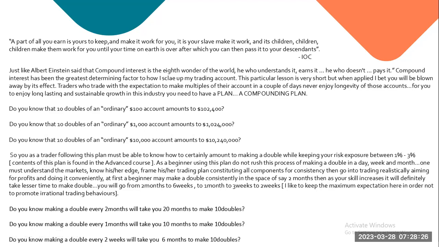Then you increase your ability by learning more about the market, by understanding yourself better, by getting more discipline, obeying the rules better, and also look to increase how well you make your daily profits, your weekly profits, compounding that account to give you your long-term expectation of 2 times or a double, while still keeping your risk exposure between 1 to 3%.